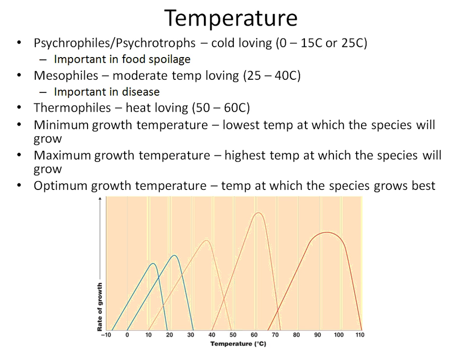So what would I expect you to be able to do with this? I would never ask you a specific number, okay? You need to have an idea of how the groups fit together. So if I gave you this blank graph, you should be able to tell me psychrophiles, mesophiles, thermophiles, hyperthermophiles, how they fit together. The psychrophiles like cold, they're the ones that would go in my refrigerator.